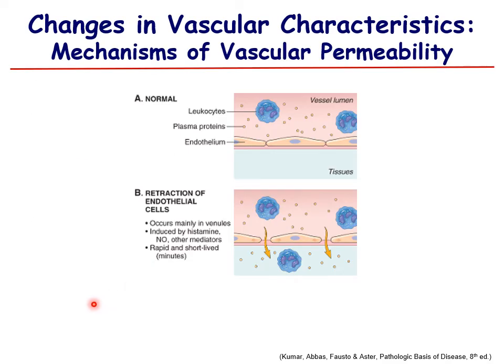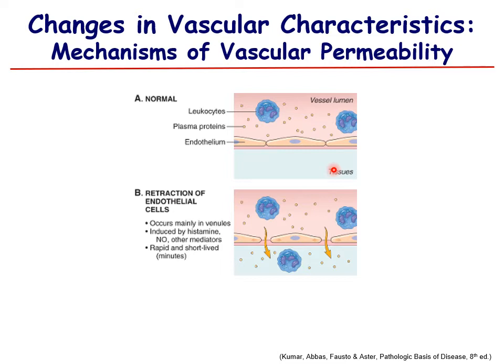So in the next couple of slides, we're going to take a look at the mechanisms that cause increase in interendothelial space. At the top here, we are seeing again the normal circumstance where vascular endothelium is nicely lined up with the tight junction gap filled, therefore separating the blood components from the tissue.